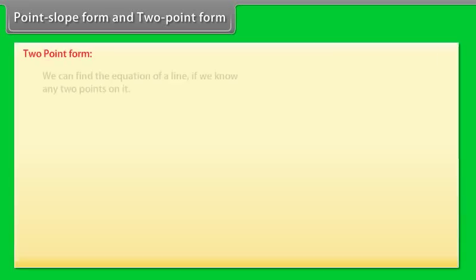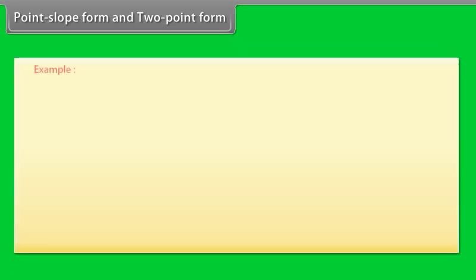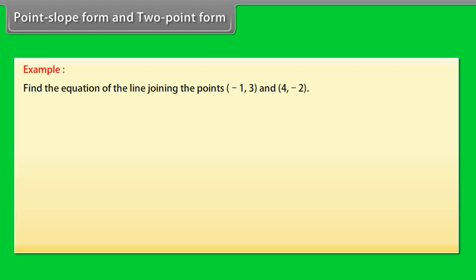Two-point form. We can find the equation of a line if we know any 2 points on it, where (x1, y1) and (x2, y2) are the 2 given points. Example. Find the equation of the line joining the points (minus 1, 3) and (4, minus 2). Solution.